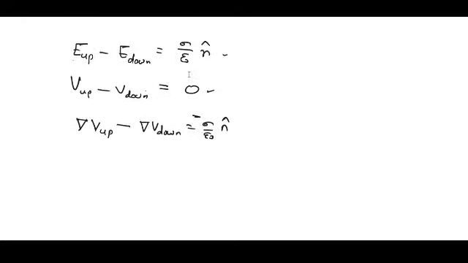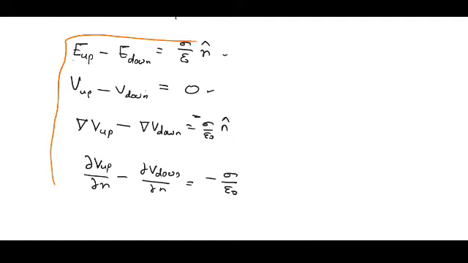And the last one that we have finally derived: dou V up by dou n minus dou V down by dou n is equal to minus sigma divided by epsilon 0. These are the boundary conditions of E and V.